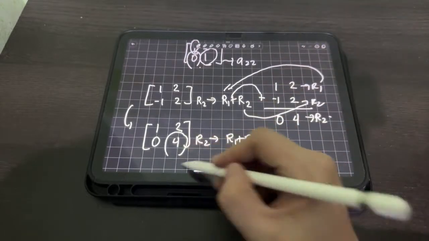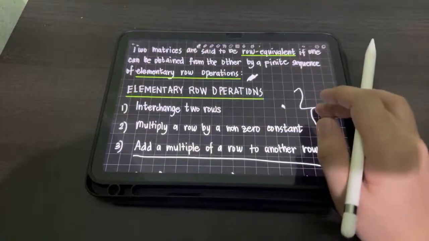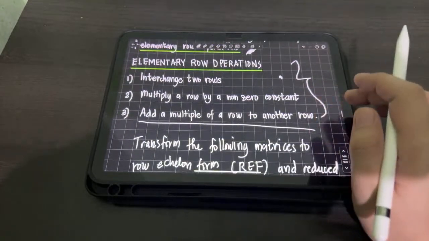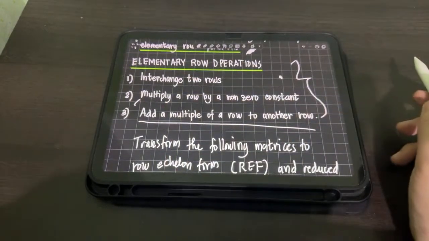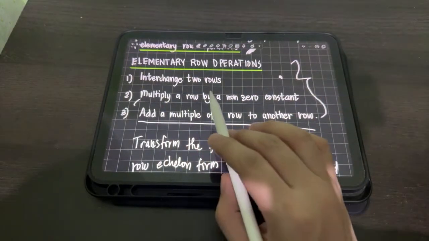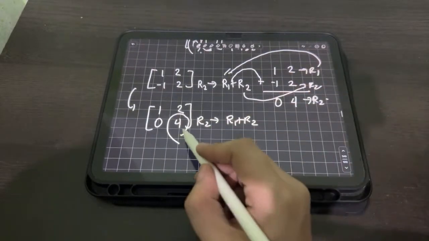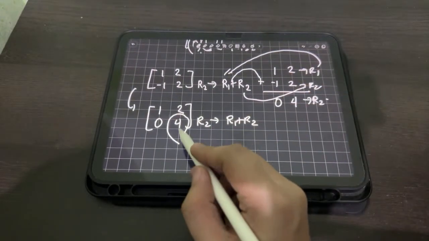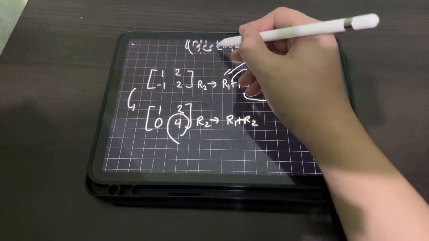How can we make this entry equal to 1? We can apply another elementary row operation. Particularly, number 2, we can multiply a row by a non-zero constant. So how can we make 4 into 1? By multiplying it by 1/4, which is a constant, right?